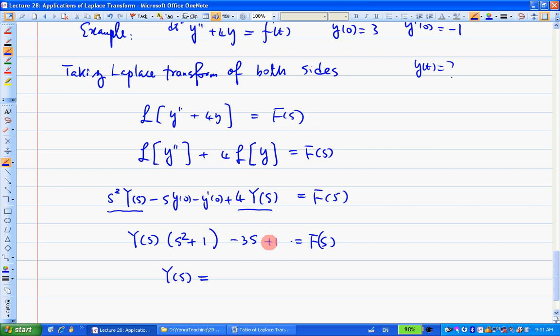So move this chunk to the right side and divide by s squared plus 1 on both sides. This is 4, that's right. This is plus 1, right?